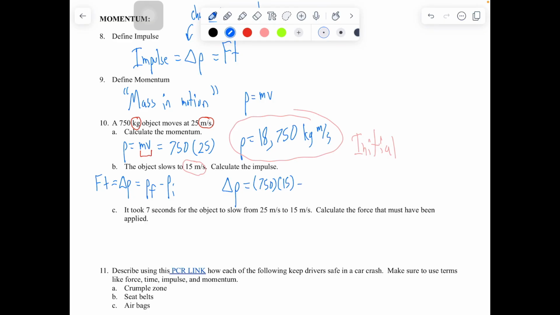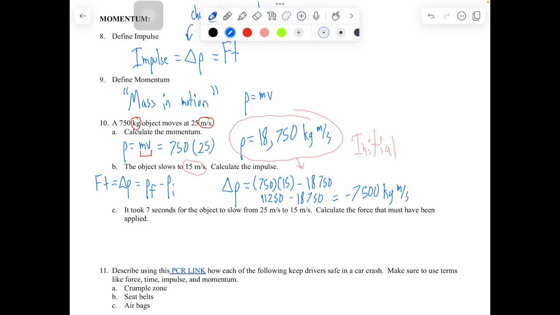Then we're subtracting our answer from above for that initial momentum, 18,750. 750 times 15 gives us 11,250 minus 18,750. This gives us an answer of negative 7,500. What are our units? Well, it's still momentum, so kilogram meters per second.